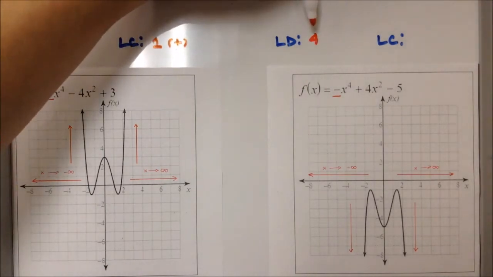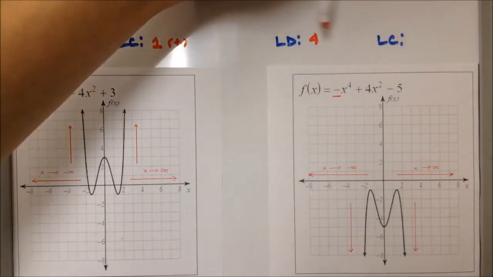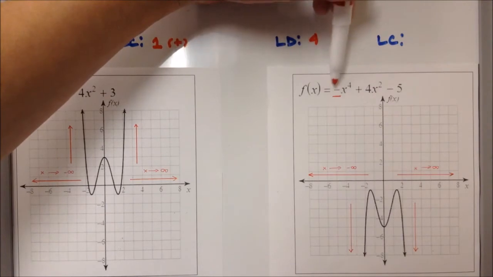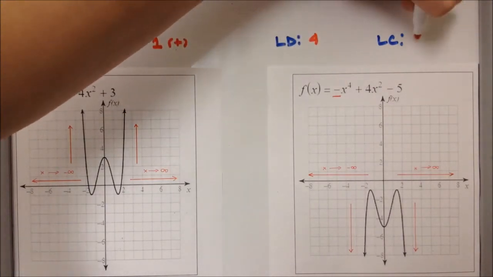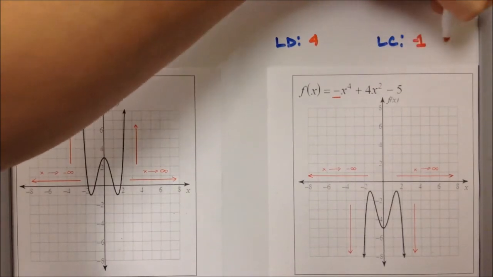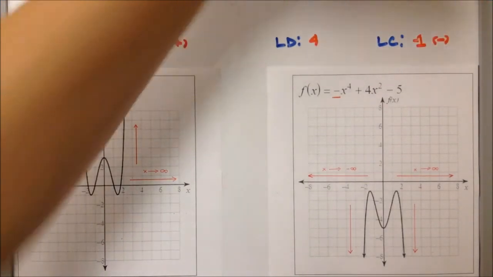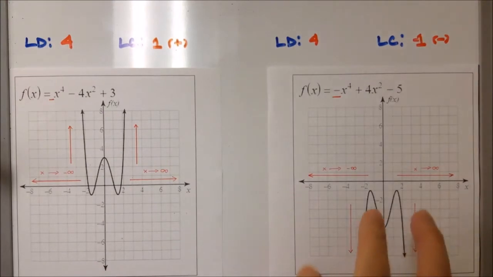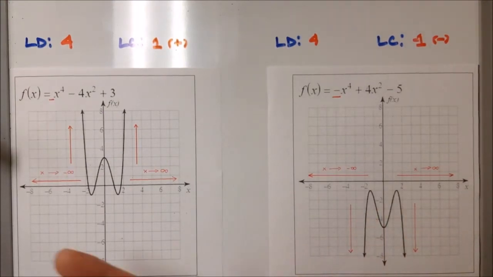Same thing over here. Now, let's take a look at the leading coefficient here. It's a negative 1, but we're going to focus on the sign, which is negative. And as you can see, it's going downwards towards negative infinity.